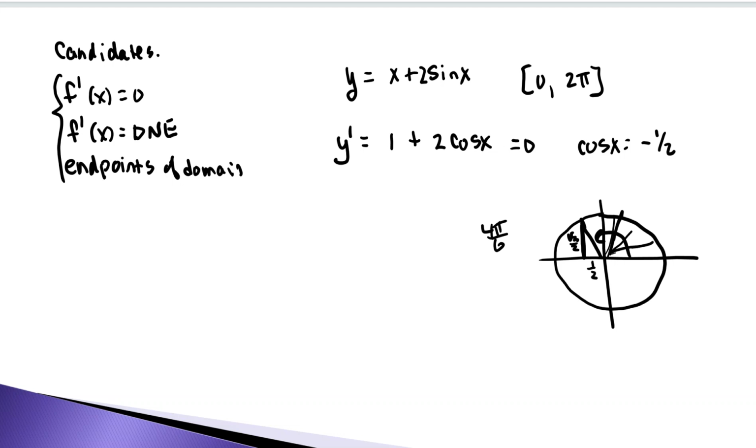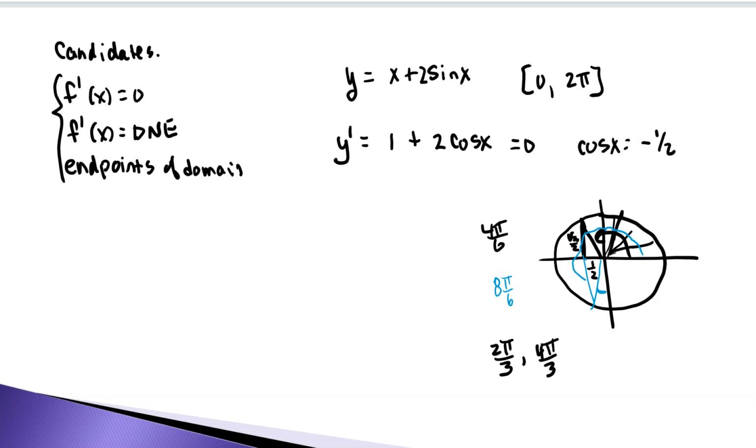And then my other spot would be here as well. So this is pi over 6, so I'm going to have 1, 2, 3, 4, 5, 6, 7, 8 pi over 6 for my other critical value. And those simplify down to be 2 pi over 3, and 8 over 6 is 4 pi over 3.